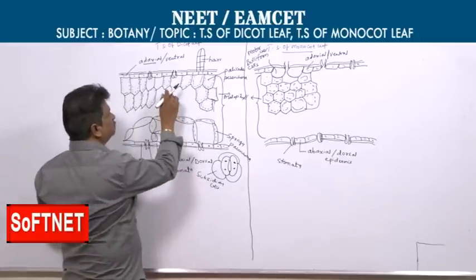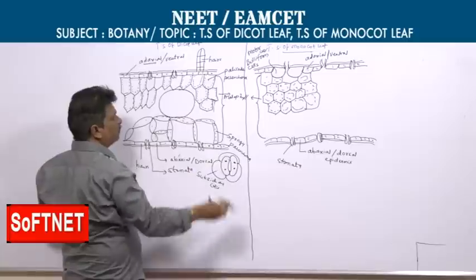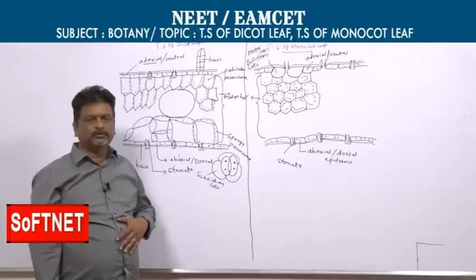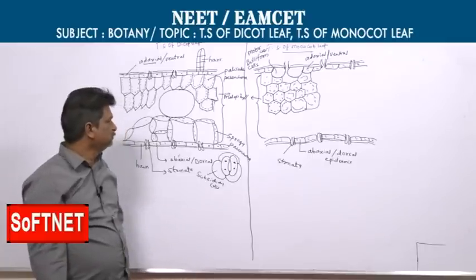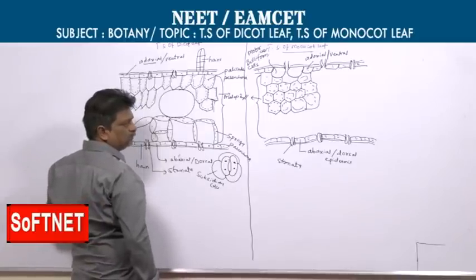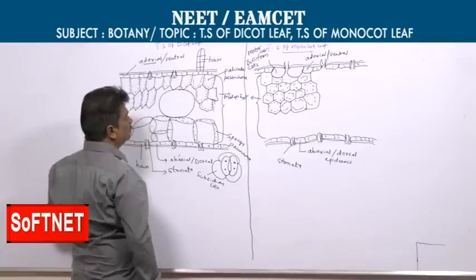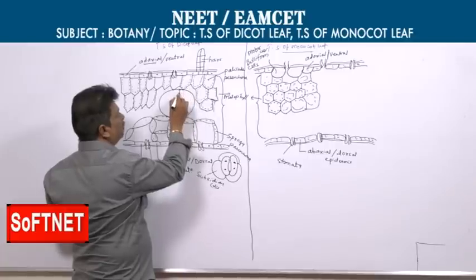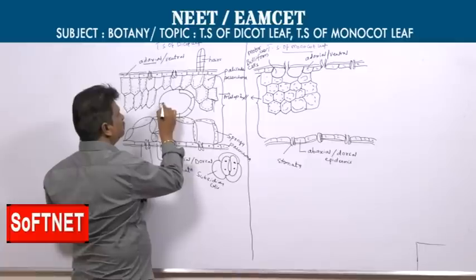The next one is vascular bundles. These vascular bundles form veins and veinlets, and these veins and veinlets provide mechanical support to the leaf lamina, and all vascular bundles show similar structure.